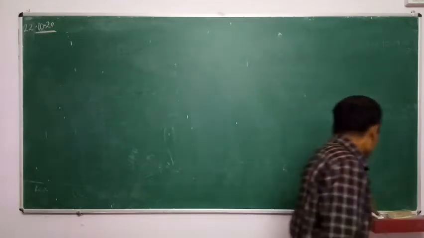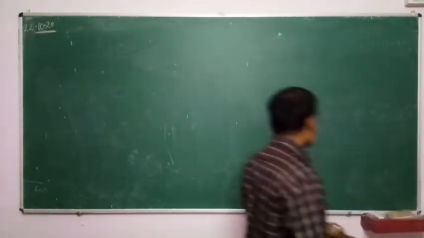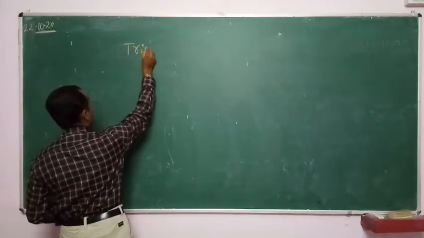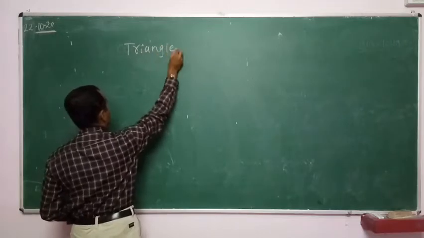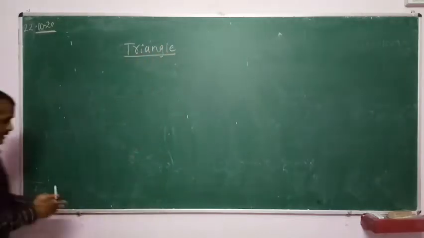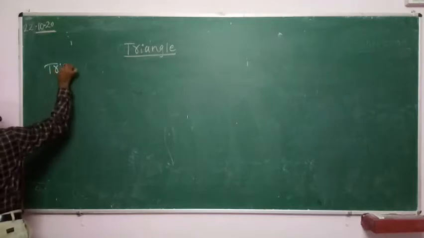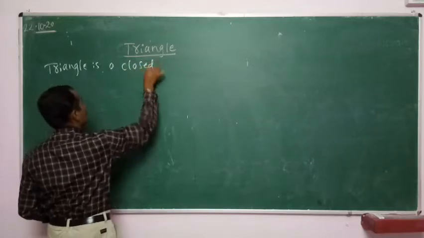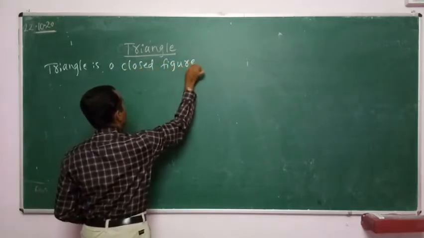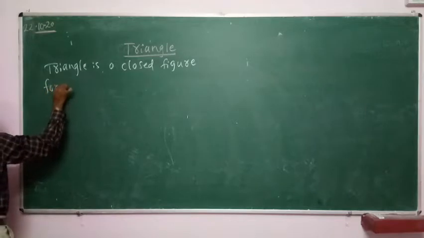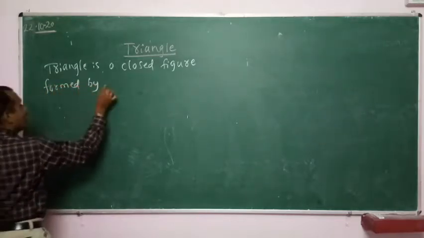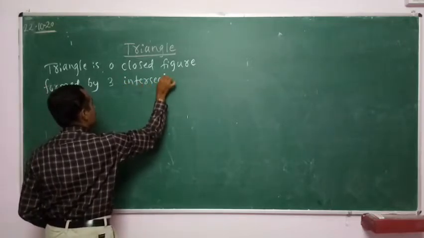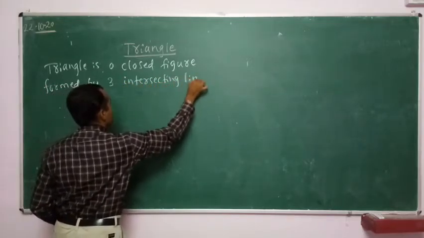Even then I will start with what is a triangle. What is a triangle? A triangle is a closed figure formed by three intersecting lines.